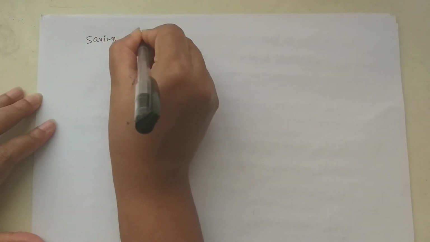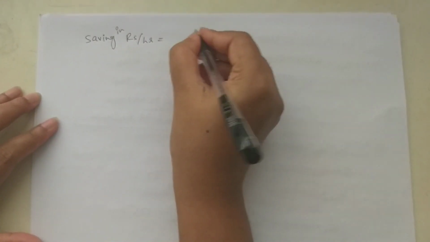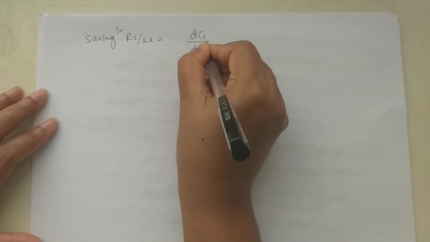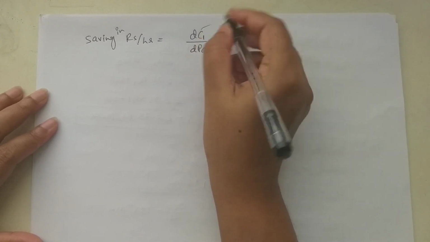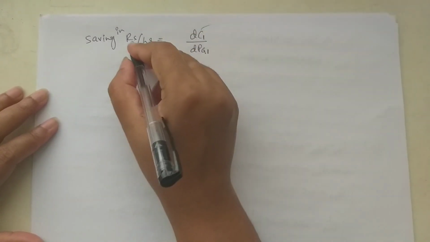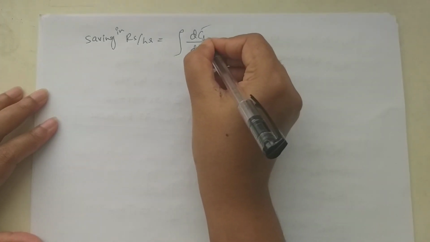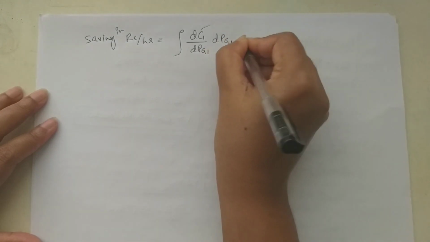Saving in rupees per hour is equal to dC1 divided by dPg1. This is the incremental cost. We don't want incremental cost, we want cost, correct? So we have to integrate the incremental cost 1 with respect to Pg1.